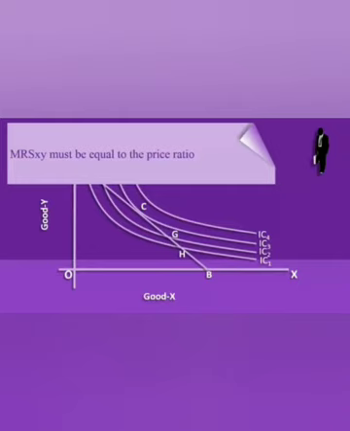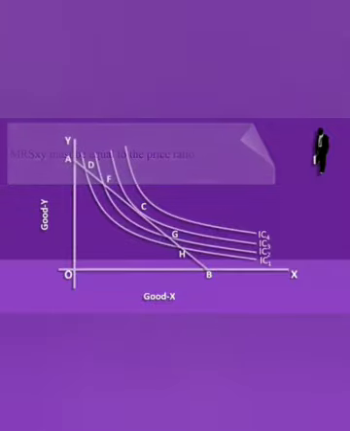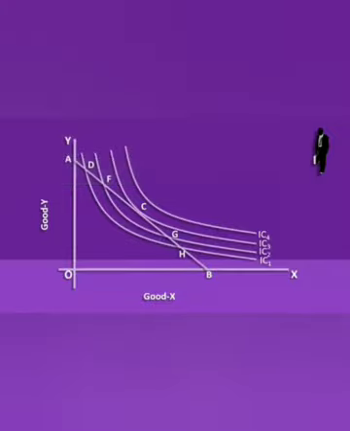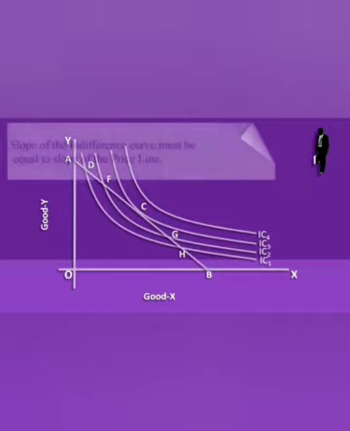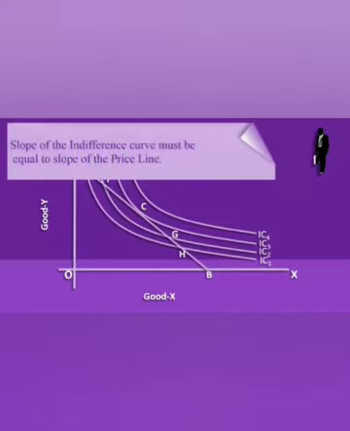Since MRS of X for Y is the slope of the indifference curve and the price ratio is equal to the slope of the price line, the slope of the indifference curve must be equal to the slope of the price line.